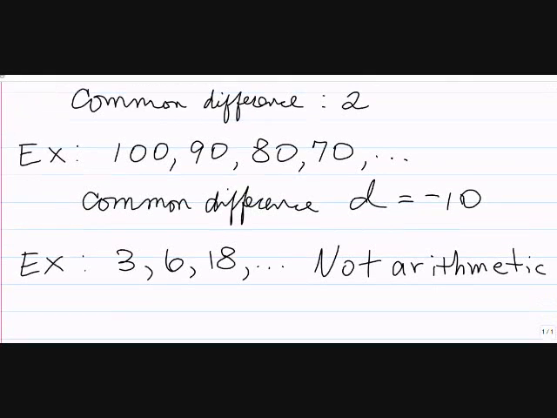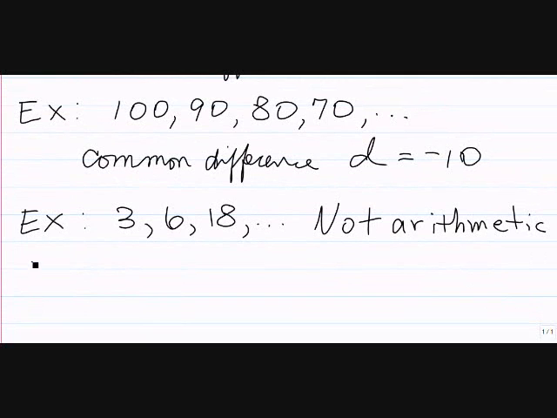Okay. My formula for an arithmetic sequence is, I don't say y equals or f of x equals. I say a sub n equals, and if I want to identify numbers in my sequence, I use these little subscript numbers.